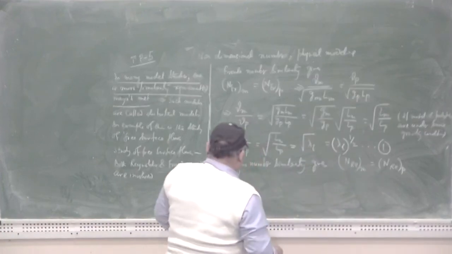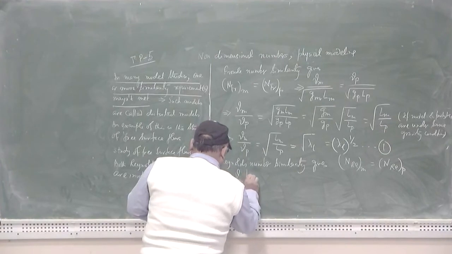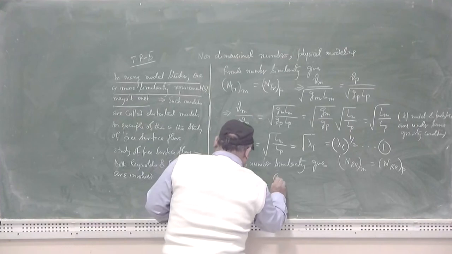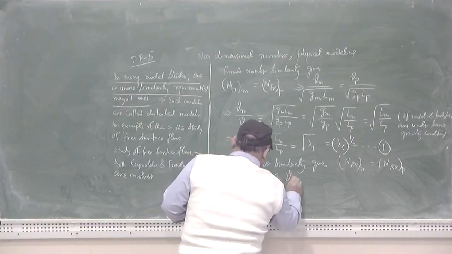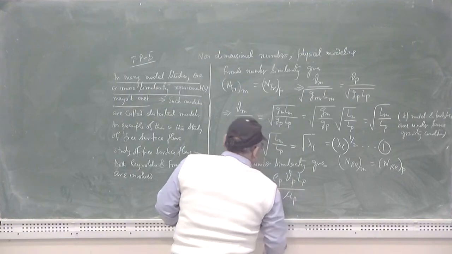So, rho m Vm Lm divided by mu m should be equal to rho p Vp Lp divided by mu p.